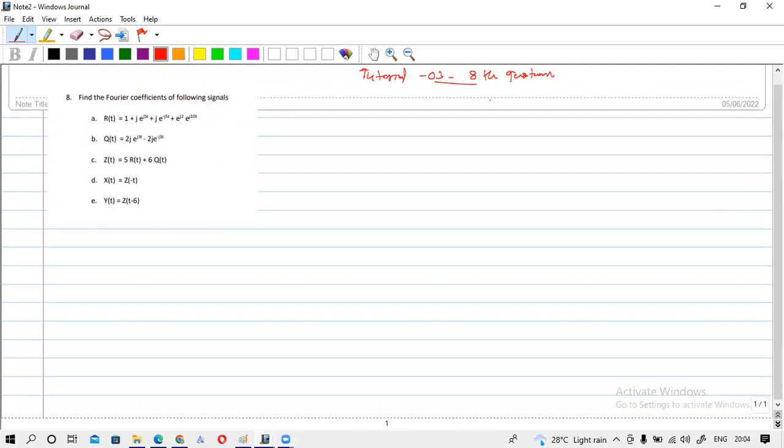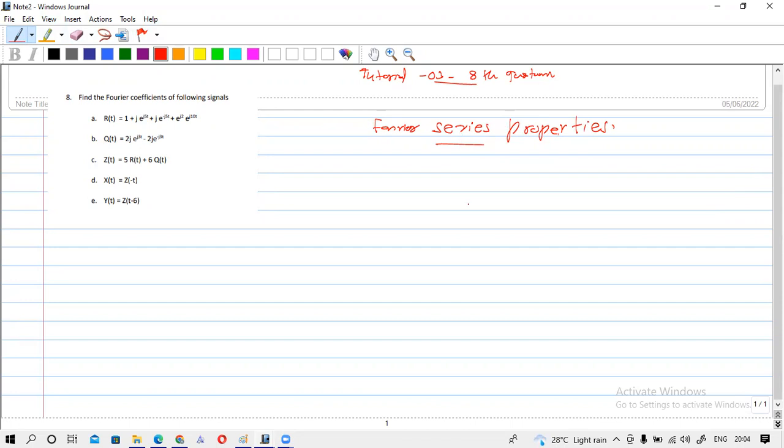So this is another question from your tutorial 3, and this is the 8th question. This problem is related with Fourier series properties.